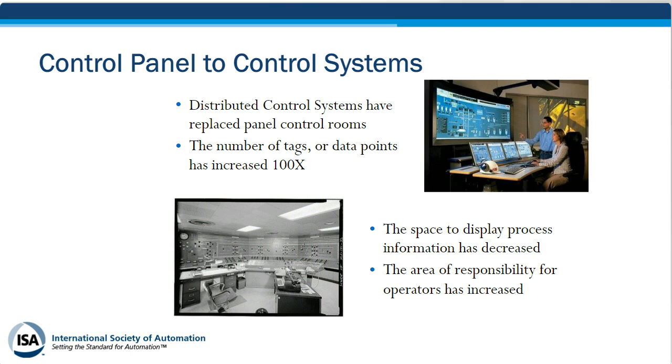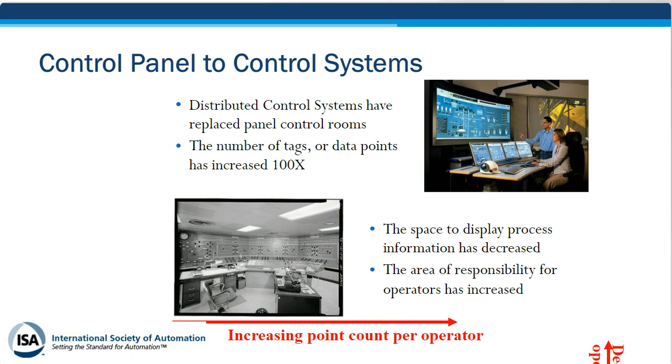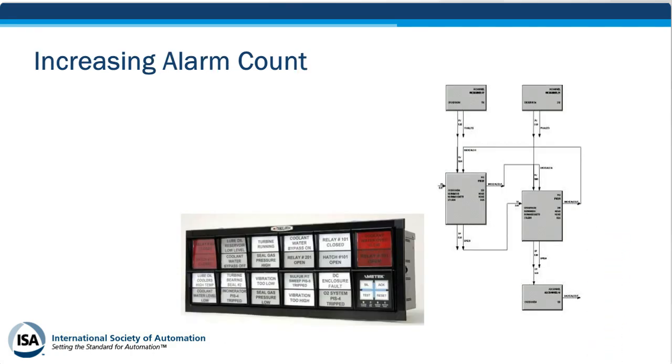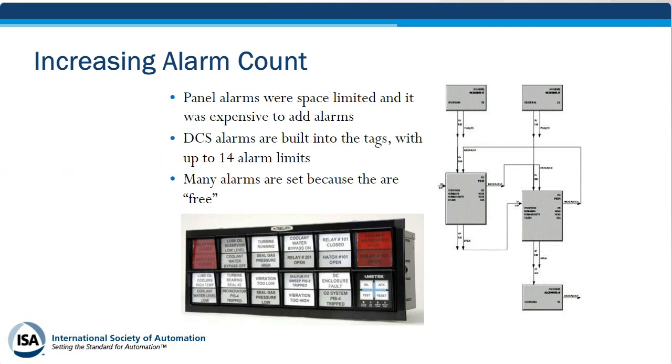So increasing point count per operator, decreasing display area per operator as well. So this increasing alarm count, the panel alarms were space limited. It was expensive to add alarms, so you tended not to put in alarms unless you absolutely needed them.